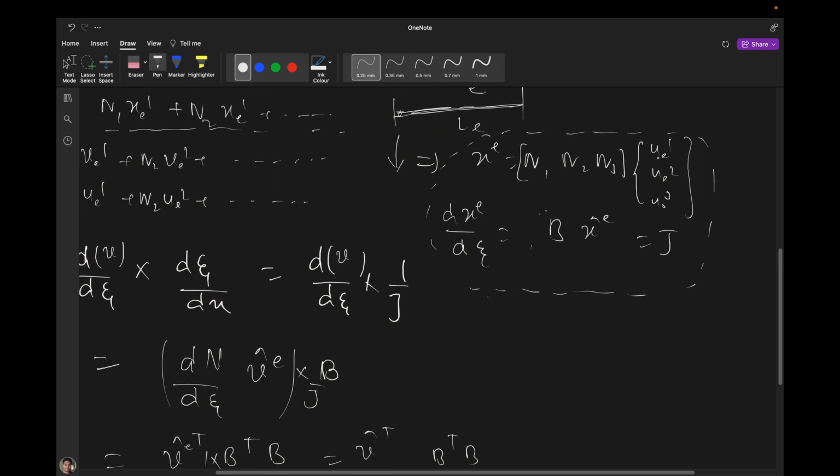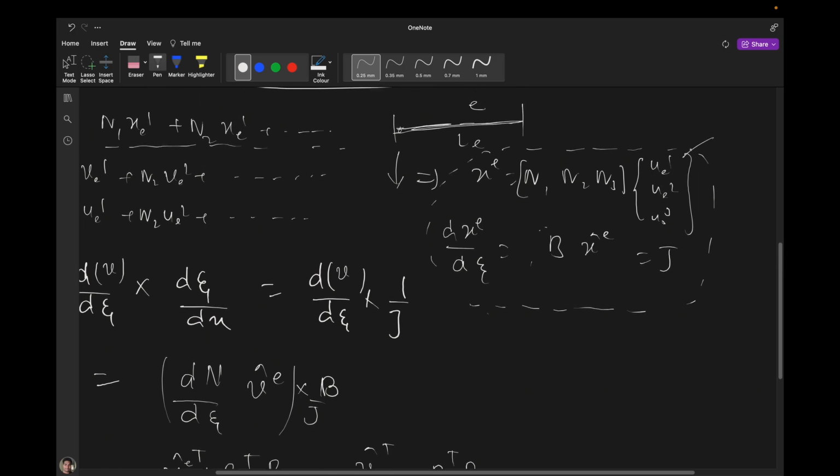Actually, what I'm representing here is the nodal displacement. The X thing is the coordinate, no sir? Yeah, it is a coordinate. If we retain the X, then it should be in terms of X only. No, it is a vector.